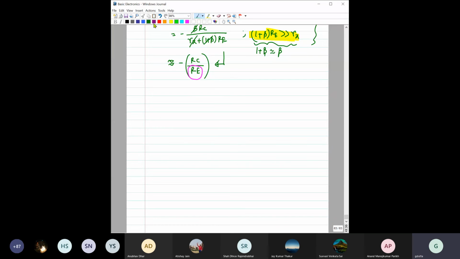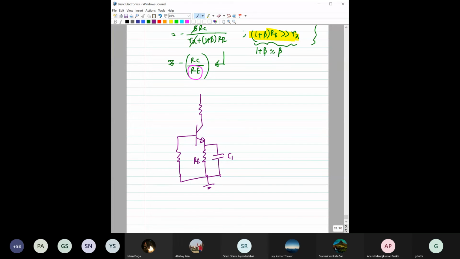This is because you are asking, so we are drawing this circuit. So the circuit would become now like this. This is R1, this is R2.